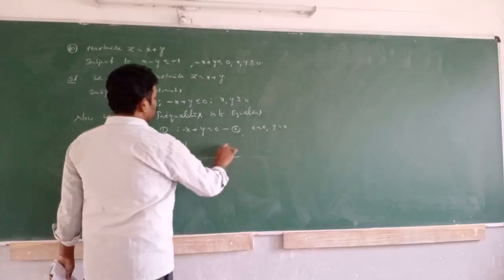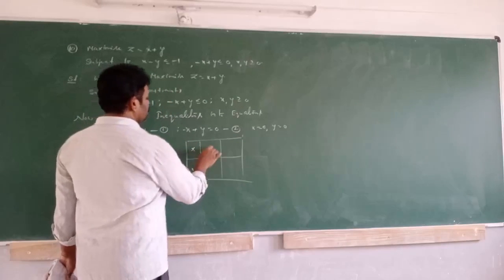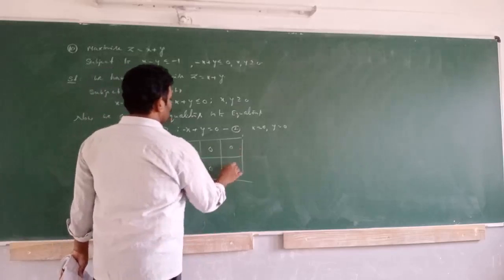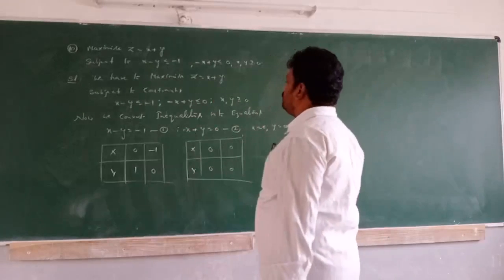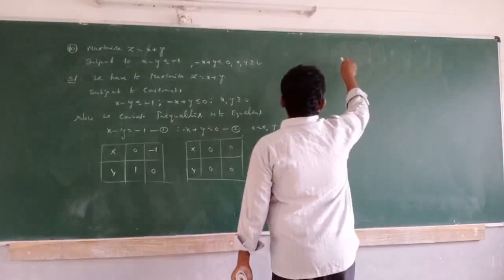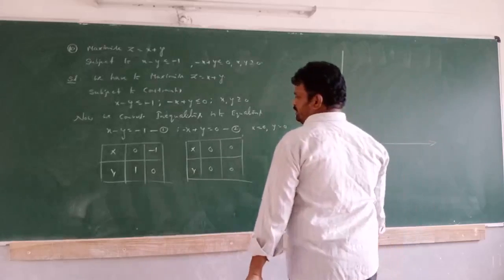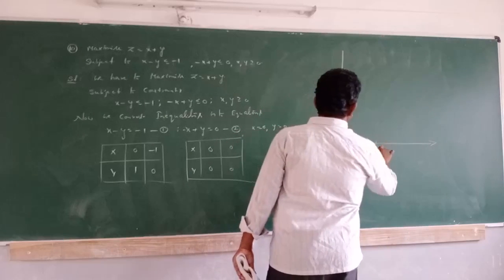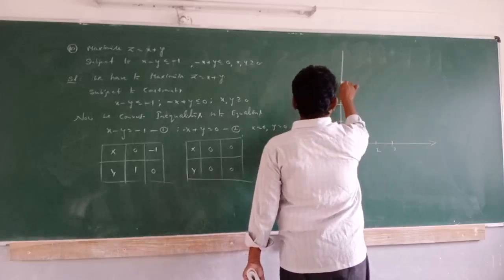And from equation 2, see now, x is equal to 0, y is equal to 0. Y is equal to x, passing through the origin. Okay? So y is equal to x, or x is equal to y, passing through the origin. Then if you want to draw the graph of this one, see now. Here x is equal to minus 1, 0, 1, 2, 3.